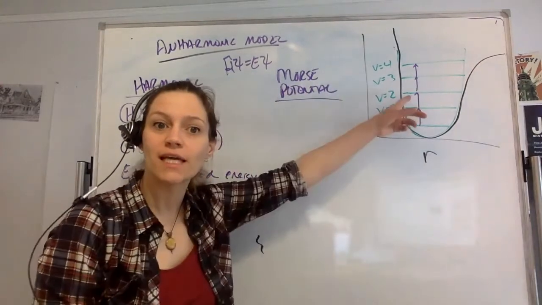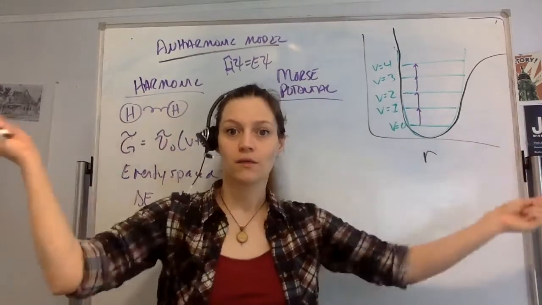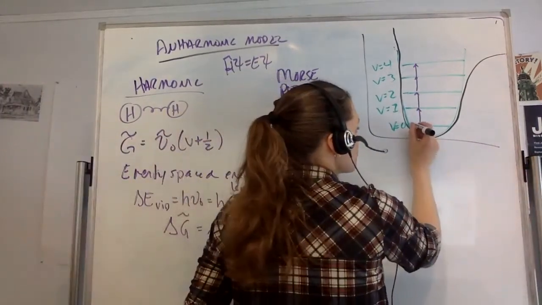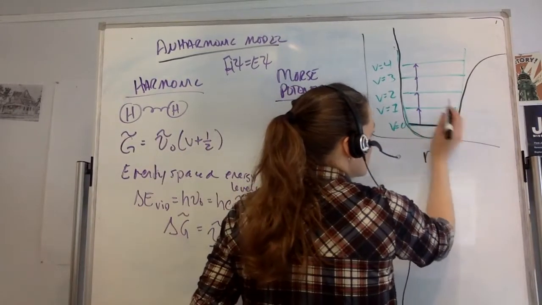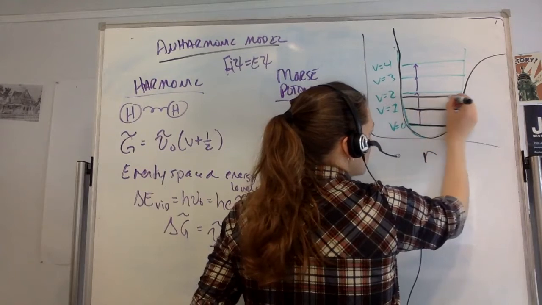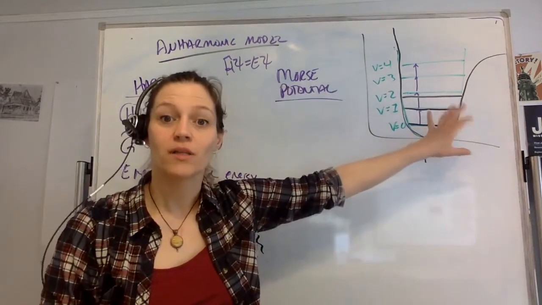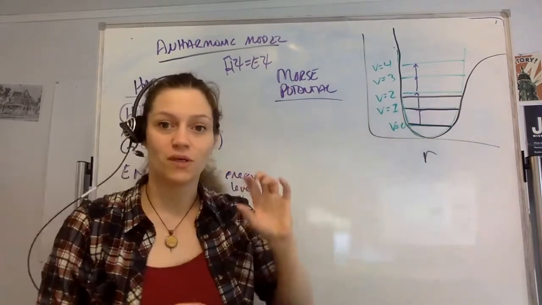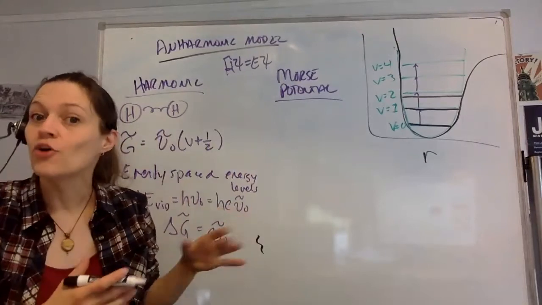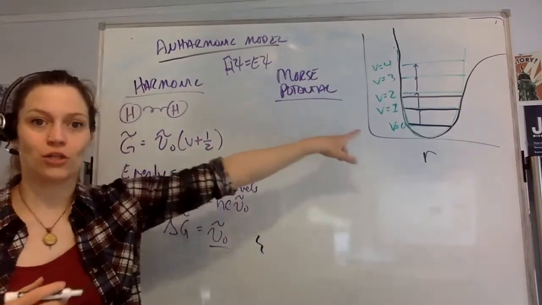It's taking into account dissociation, such that when you get far enough away, you're going to break your molecule. Notice how my black line overlaps my green line fairly well. That's because the harmonic model works pretty well for anharmonic transitions in the lower energy states.